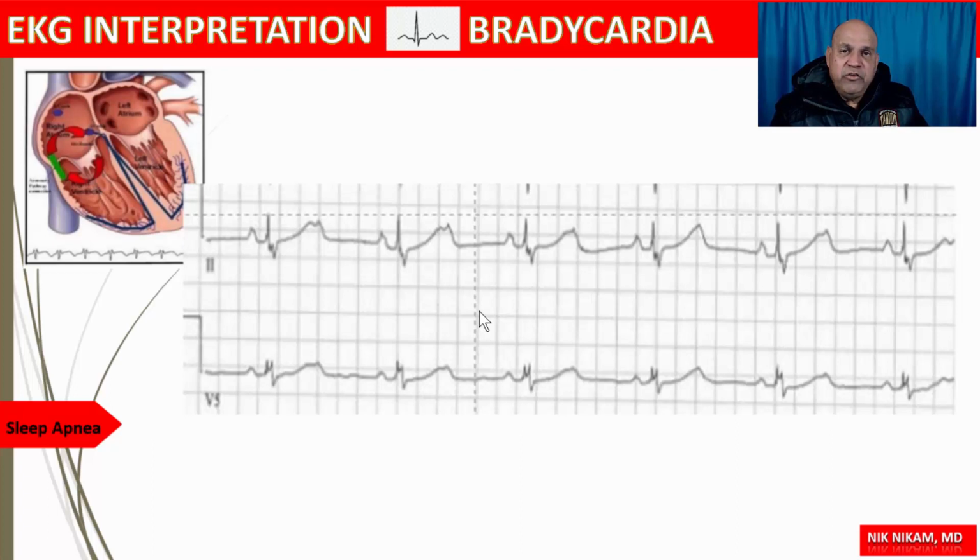Okay, what else do we see? As I told you in the previous two electrocardiograms, whenever you see bradycardia, always look for hidden clues. And here is a hidden clue. There's a notch in the T wave.